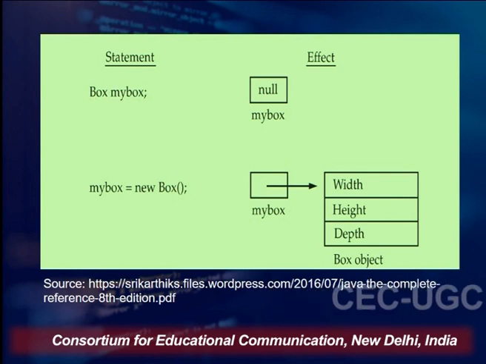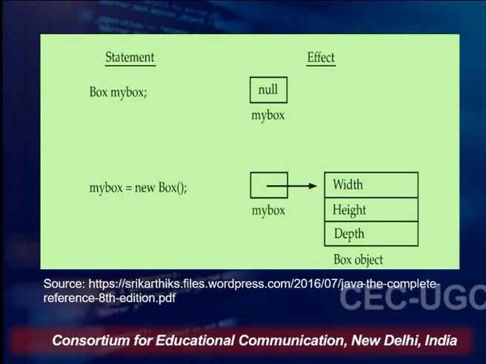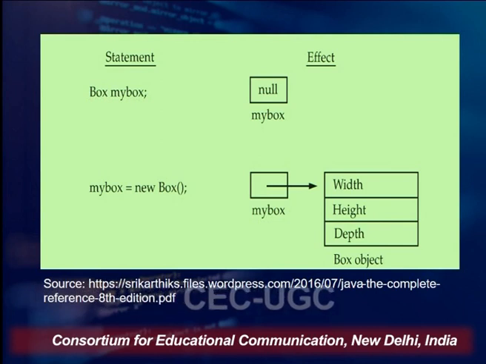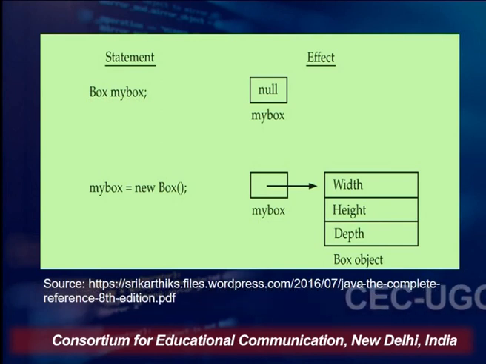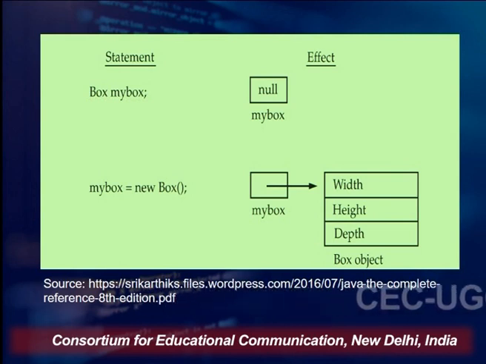Why am I calling it a reference as of now? Because it does not have any address. When we say myBox = new Box(), a Box object is created, and the address of that Box object is assigned to the myBox reference variable, which establishes the arrow shown on the screen between myBox and the Box object. So myBox here is a kind of reference.